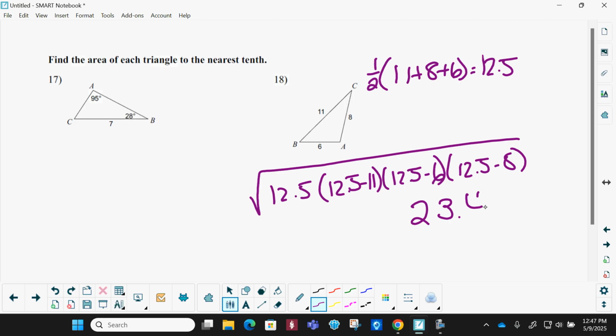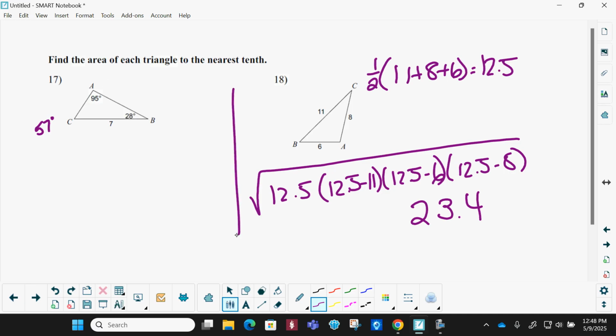Now over here, sometimes we have to go out and find something else. So notice I'm missing an angle here. So we're going to add 180 minus 28 minus 95. And I got, I can't write that small, 57 degrees. Notice I know all of A. So I can do the law of sines here.